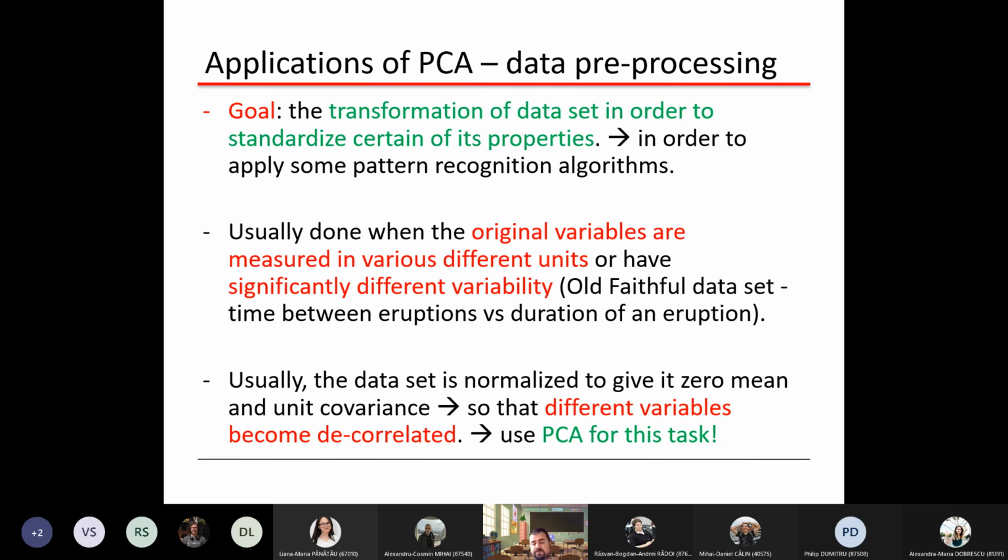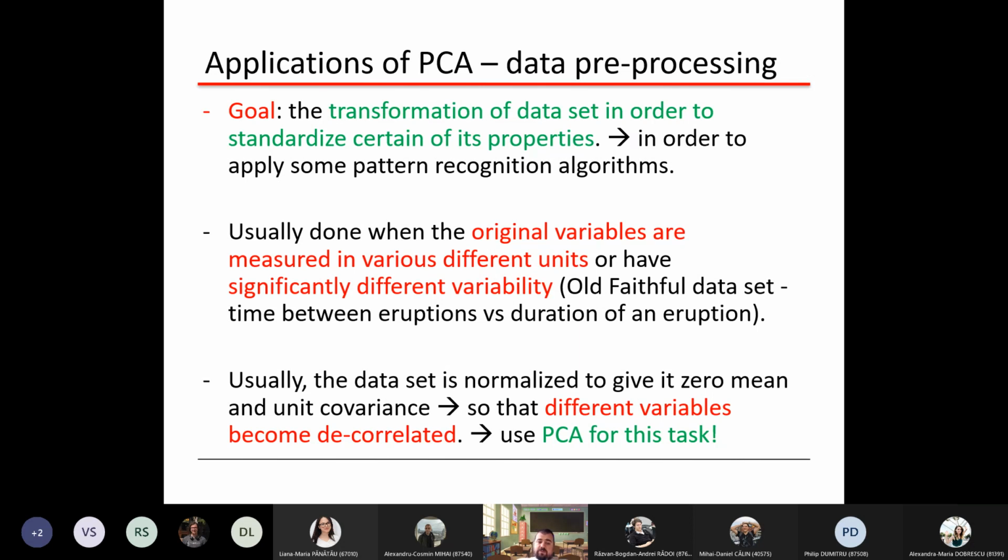And the duration of one eruption is like a couple of minutes. So the scales of the two dimensions are very different. And this is Old Faithful because it is very precise, let's say; one can predict when the next eruption will be.